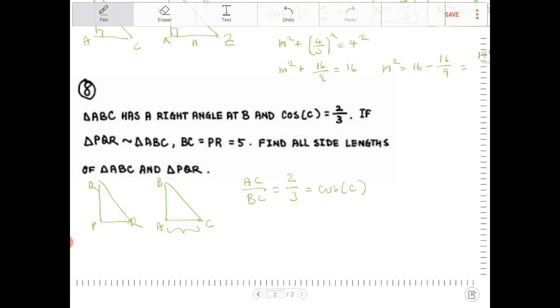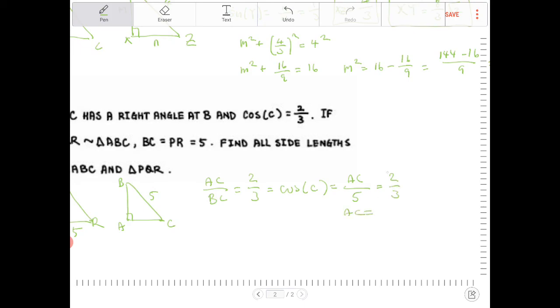If PQR and ABC are similar, and BC is equal to PR is equal to 5, this is 5, and this is also 5. Okay, so that means that we can then say AC over 5 is equal to 2/3.